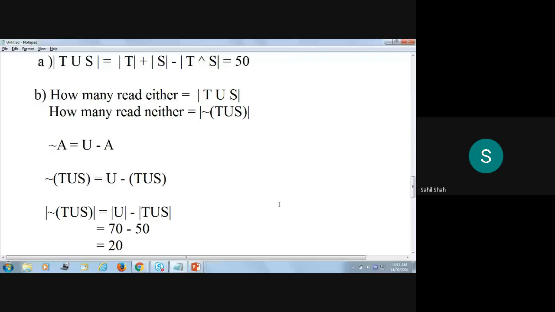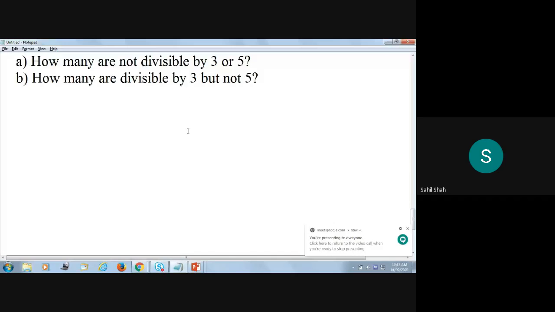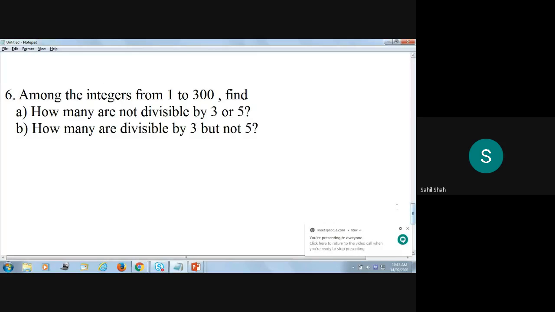If it is mentioned and, we have to make use of intersection. No confusion at all. Okay. So now about this, give a try. We have 5 more minutes to conclude this lecture. Okay, give a try.